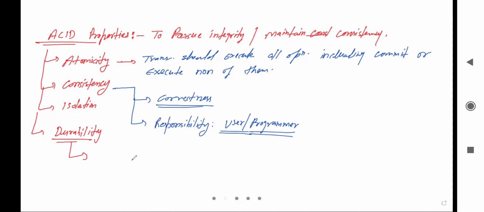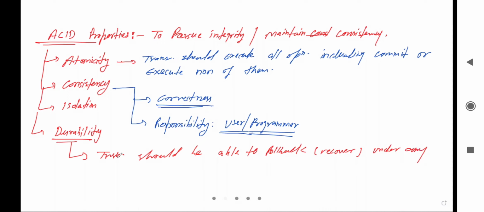Durability. So transaction should be able to roll back or recover under any case of failure.